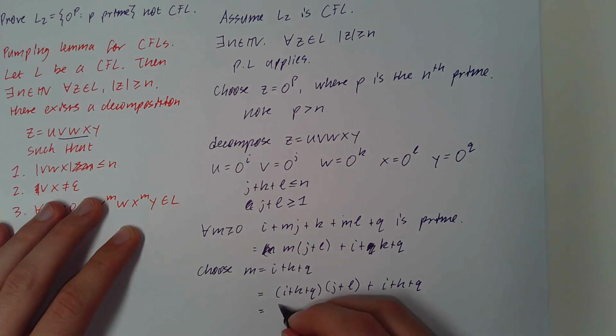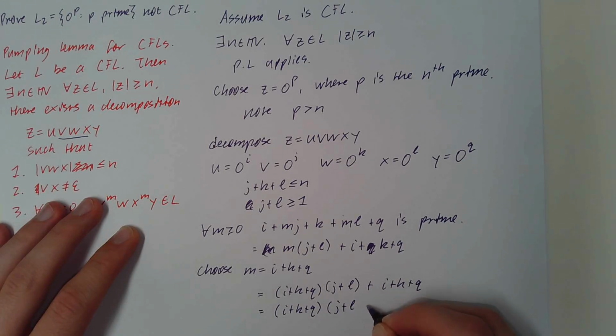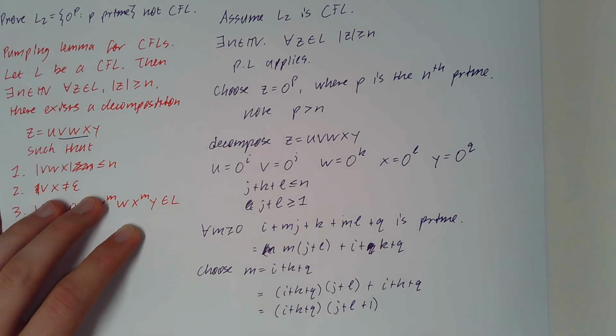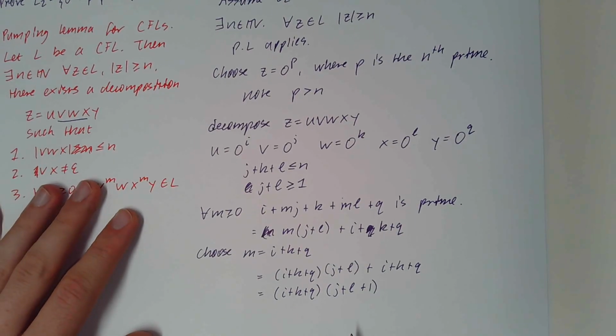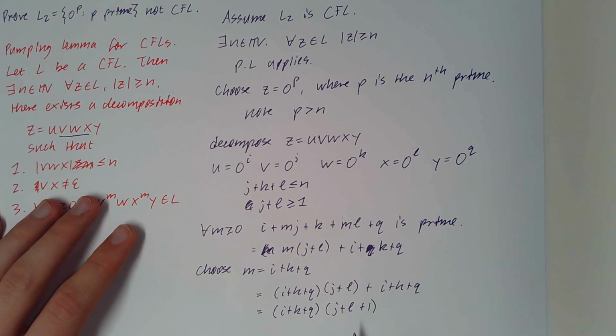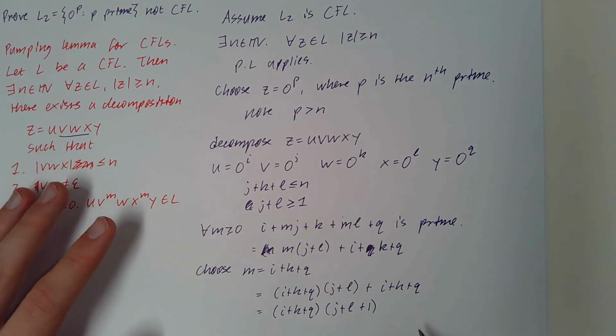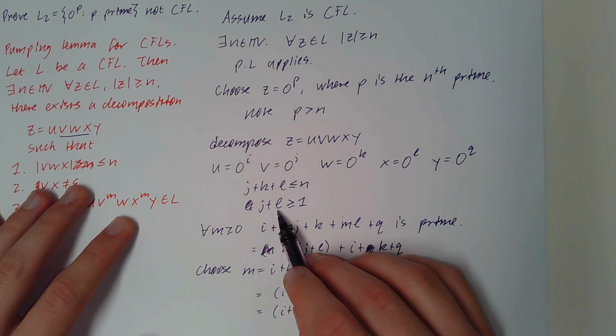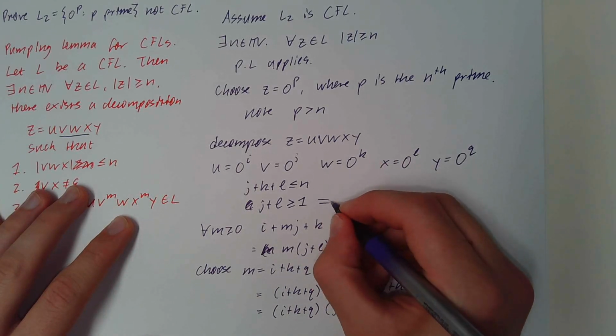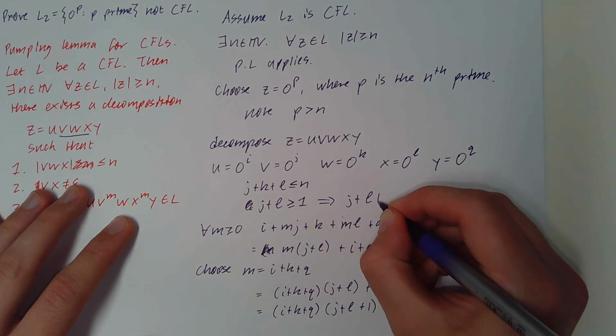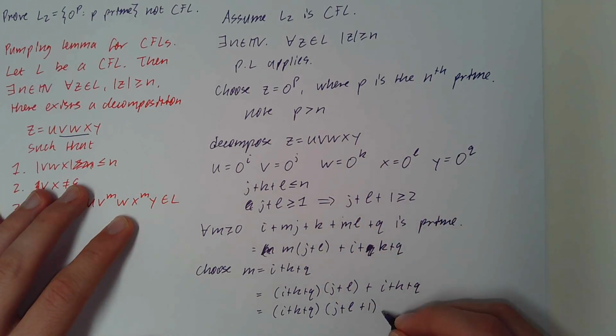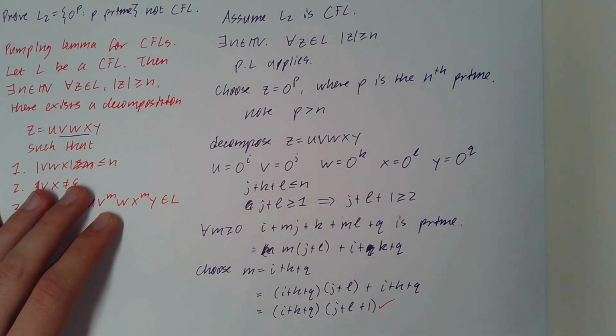So we can combine these terms: (i plus k plus q)(j plus l plus 1). Okay, so we've factorized it, but we're still going to check that both factors are at least 2, right? So this property here, j plus l is at least 1, tells us j plus l plus 1 is at least 2. So this half of it is big enough.